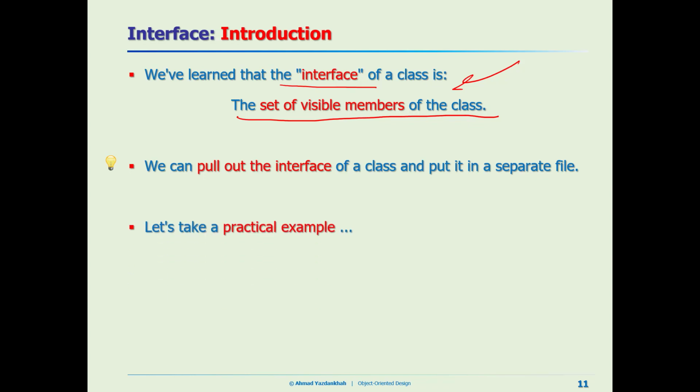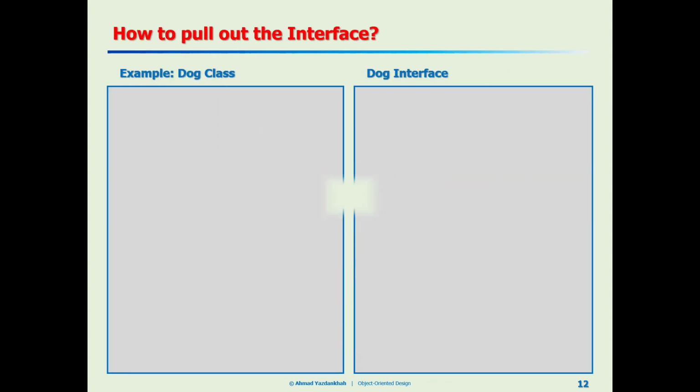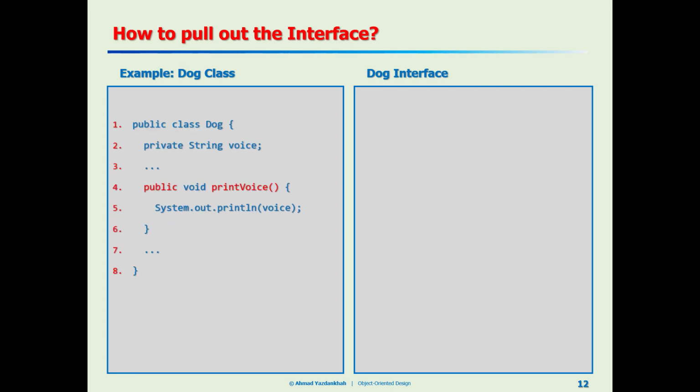Let me take a practical example here. So let's say we have a class called dog. Okay, look at this dog. This guy is private, so let's call it voice of the dog. It's private, so it's not part of the interface.